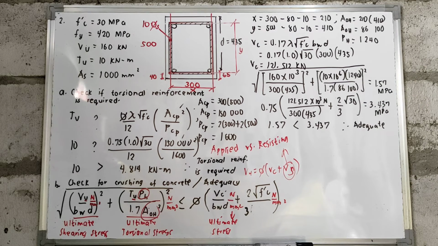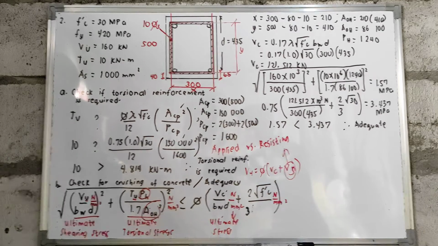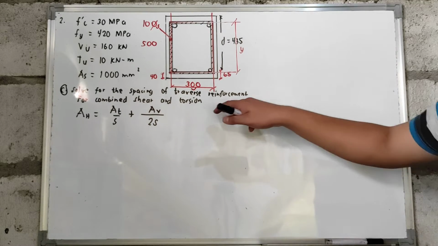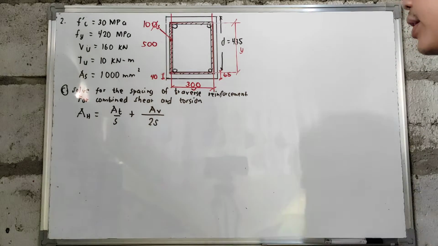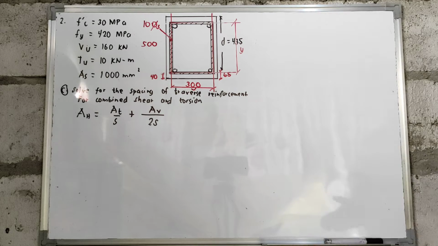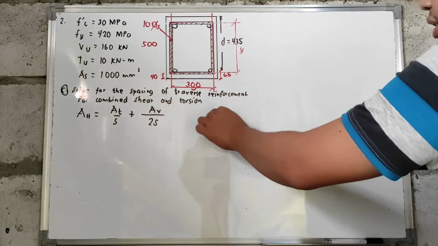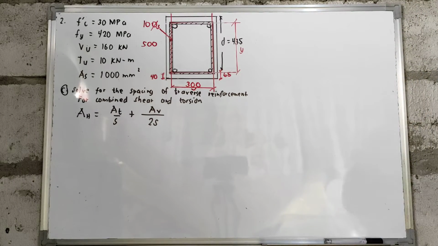We can now proceed in calculating for the value of your transverse reinforcement. So after we check the adequacy of our section, we will now solve for the spacing of our transverse reinforcement. So kapag sinabi natin transverse reinforcement, we are talking about, di ba, yung placement ng mga shear reinforcements natin. So what will be the spacing ng transverse reinforcement natin?